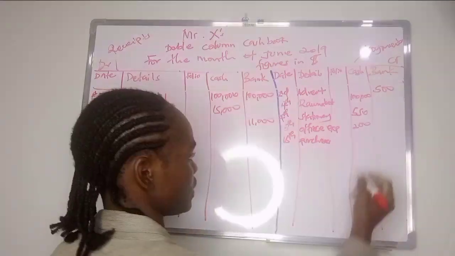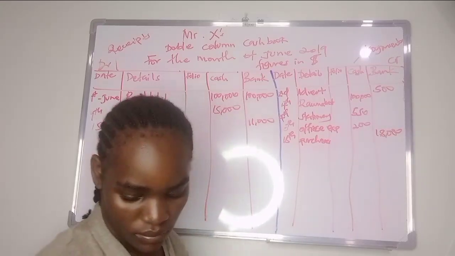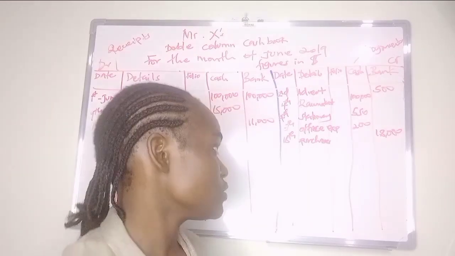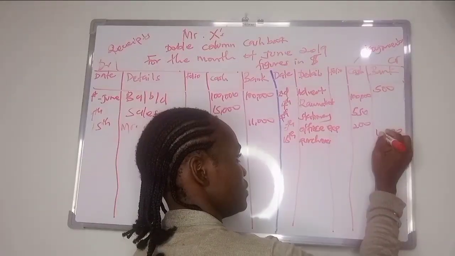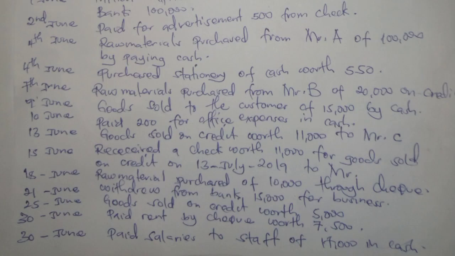So it was through the bank. 18,000. Is it 18? Sorry, it's 10. 10,000. Yeah. Then another transaction is on 21st.